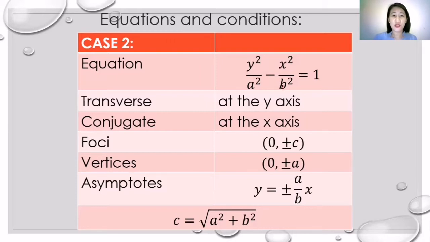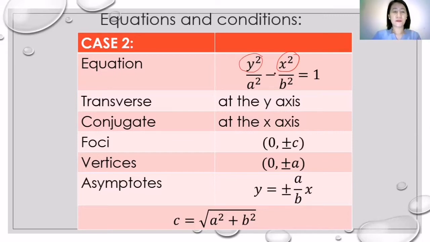Kasi sa ellipse, what we usually switch is the position of a squared and b squared, right? But this time, we switch on the equation wherein ang nagpapalit ay si y squared at saka si x squared. Okay? So, anong ibig sabihin nito? We look after the positive and the negative term.